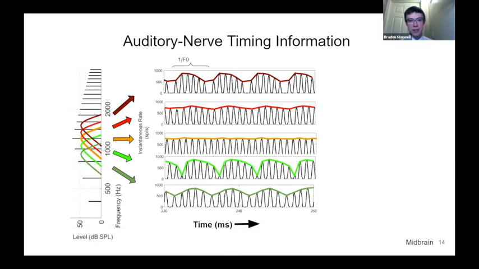And you can see at the spectral centroid, there are no slow temporal fluctuations in the envelope of the auditory nerve response. But anywhere away from this spectral centroid, there are a lot of slow fluctuations.